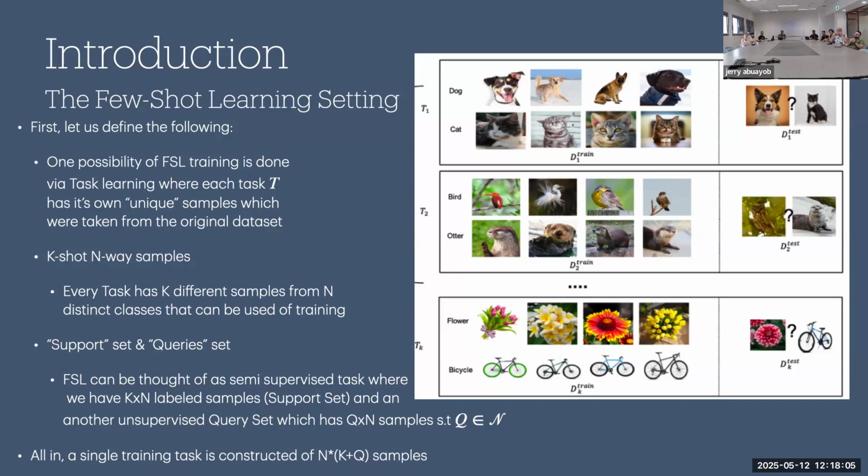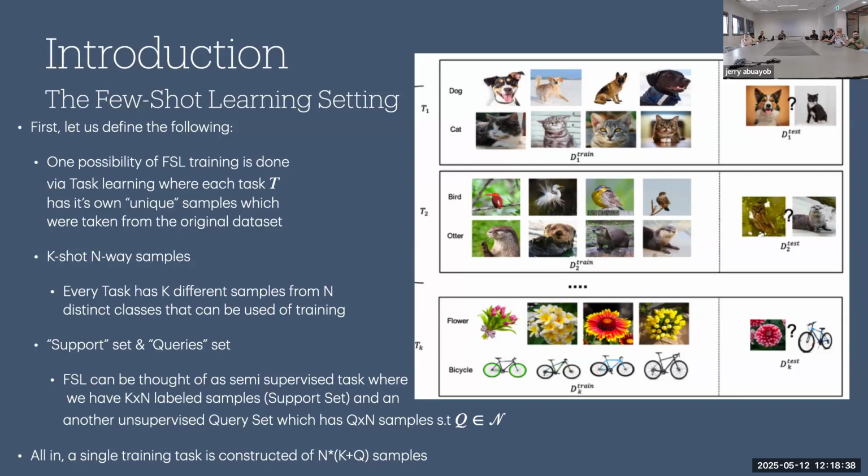The support set is a supervised set, so we have the labels during the training, and we get the queries as an unsupervised set. The notation for that is K-shot and N-way training, such that K-shot means that we have K samples from each class, and N-way is just the number of classes we have.